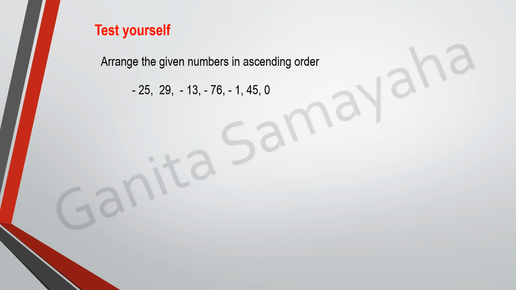So if we have to arrange in ascending order, which should be the first one? The least one. Good. So how do we find which is the least? We will choose from these negative integers. We are not bothered about the positive ones now. Which is the least negative number here?